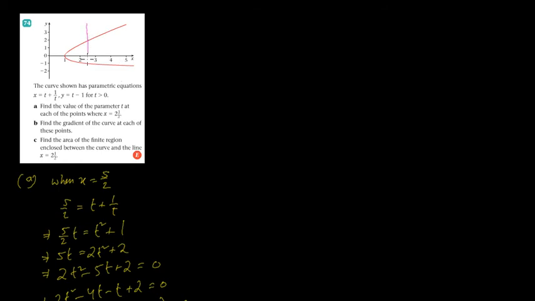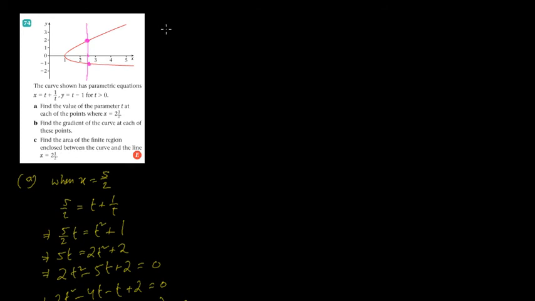So 2.5, this is the line, and it's cutting the curve at this point and this point. So what we did here, when we put the value of x here, we just found the values of t here and the values of t here. Now the next thing we have to do is find the gradient of the curve at each of these points. So at this point we have to find the gradient, at this point we have to find the gradient.